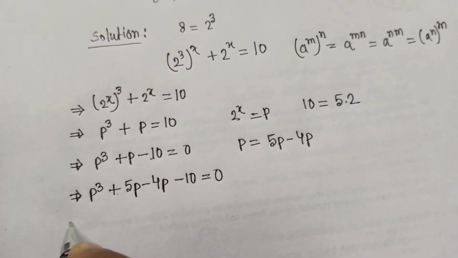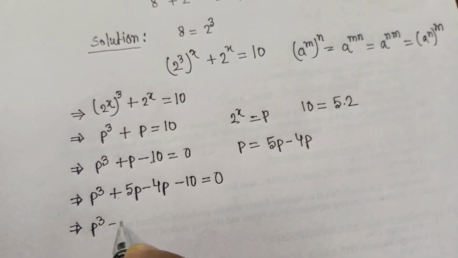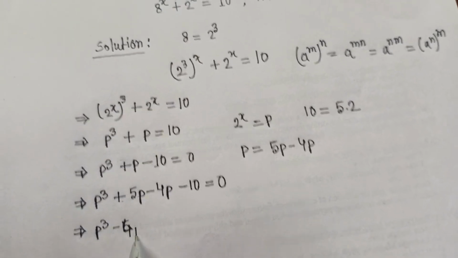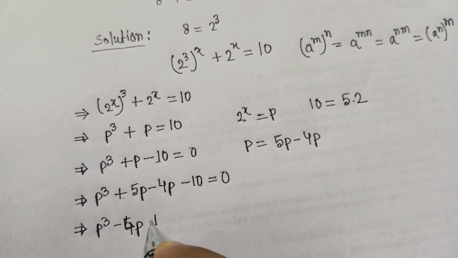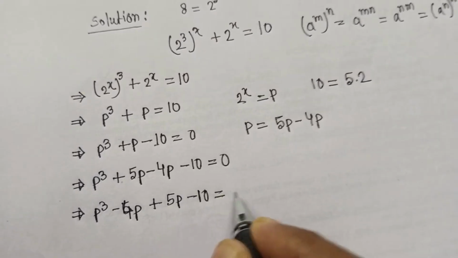Now in the next step we are going to just swap these two numbers, like p cube minus 4p plus 5p minus 10 equals 0.